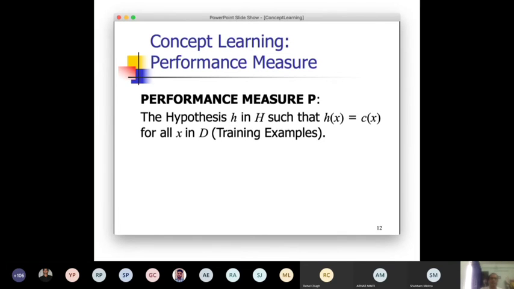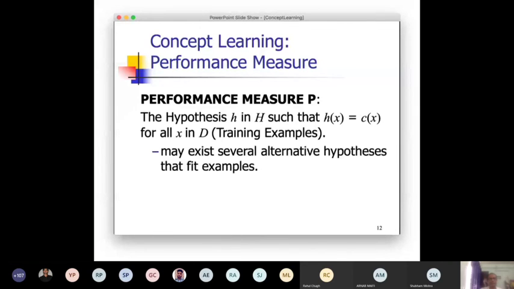Which means the hypothesis h in H such that h(x) equals c(x) for all x in D. I hope you understand this kind of notation. You take any x; this D is only the set of training examples. D is not the whole domain. For those samples your hypothesis should satisfy the target. Your target function value should be the same as the value from the hypothesis.